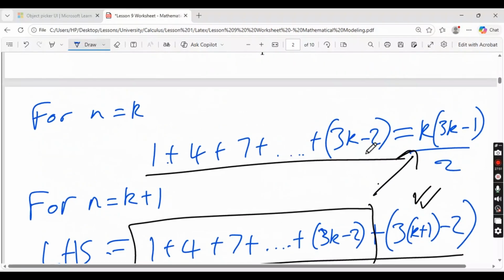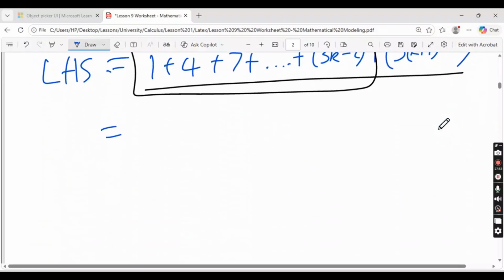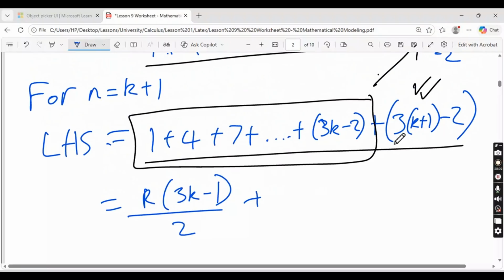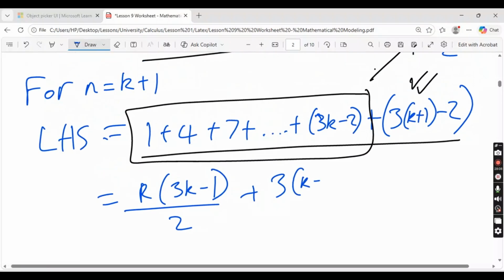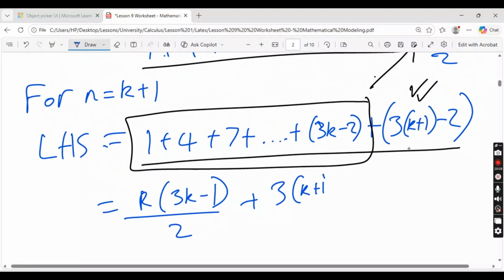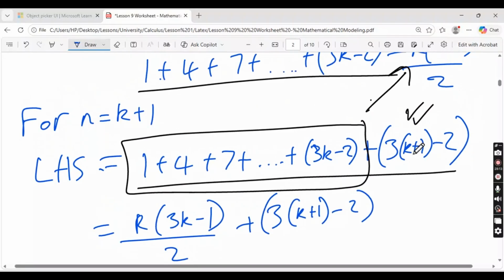k open bracket 3k minus 1 over 2 plus 3 open brackets k plus 1 minus 2 in brackets as well.